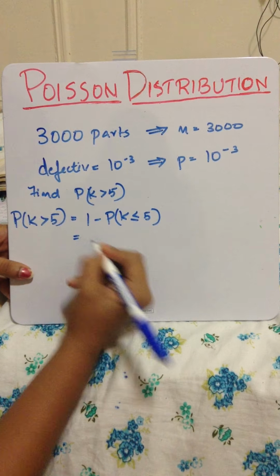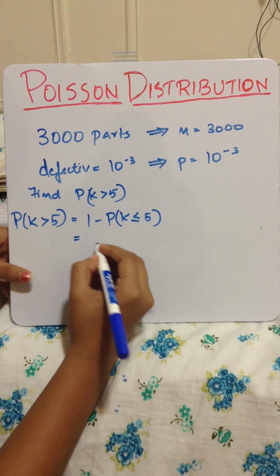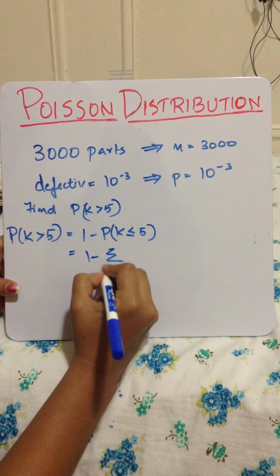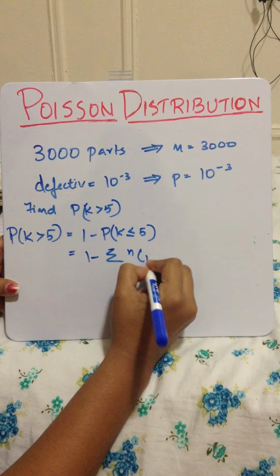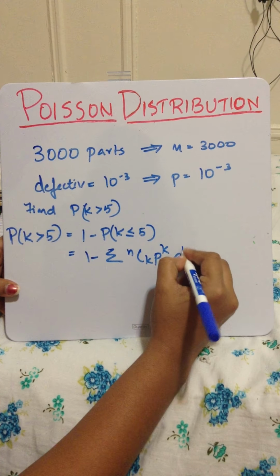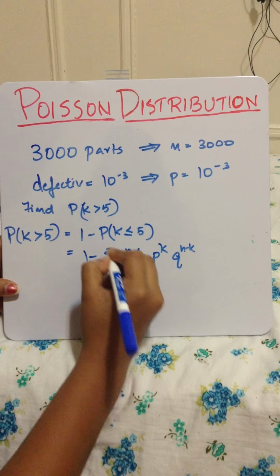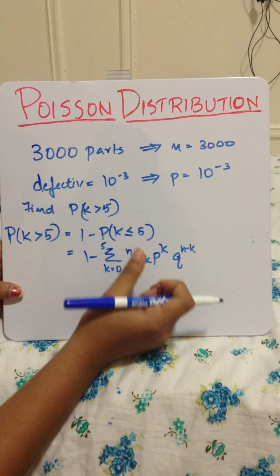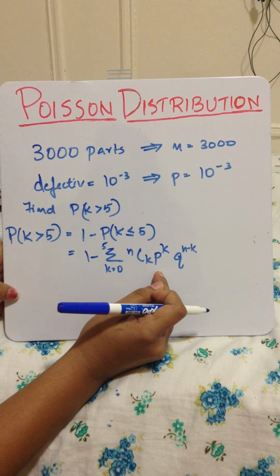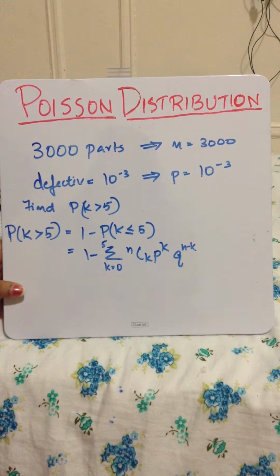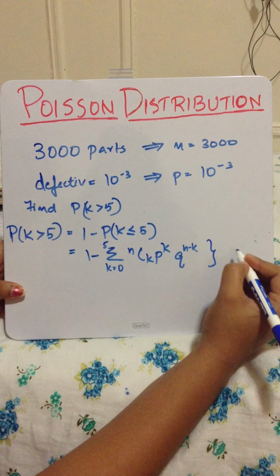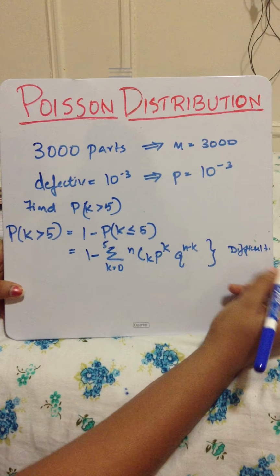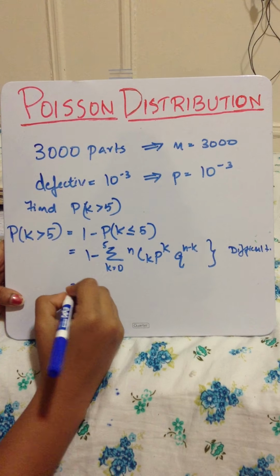Say for example we are putting binomial. We have to write 1 minus summation of nCk p raised to k q raised to n minus k, k is equal to 0 to 5. And if you see here, actually our n is 3000 and p is 10 raised to minus 3. So solving this with a binomial would be very difficult. So this is where our Poisson approximation becomes helpful.